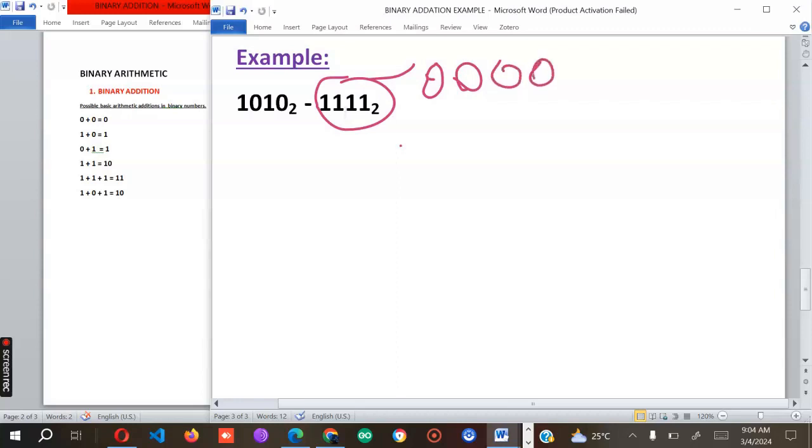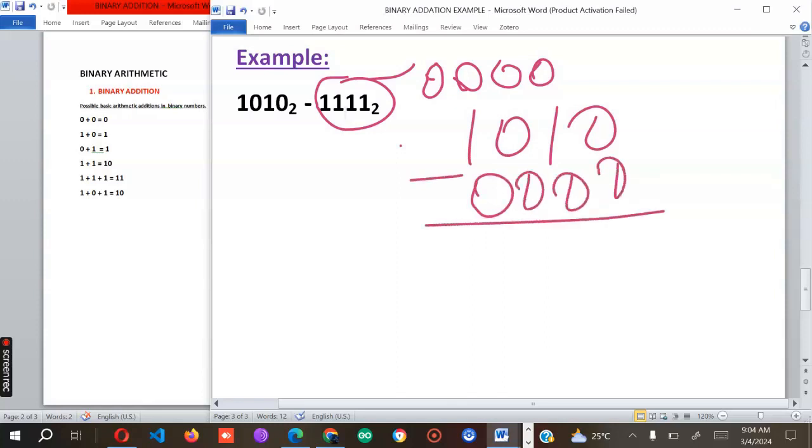Then after that, you go direct to the addition. 1010, then we have 0000. Then 0 plus 0 is 0. 1 plus 0 is 1.